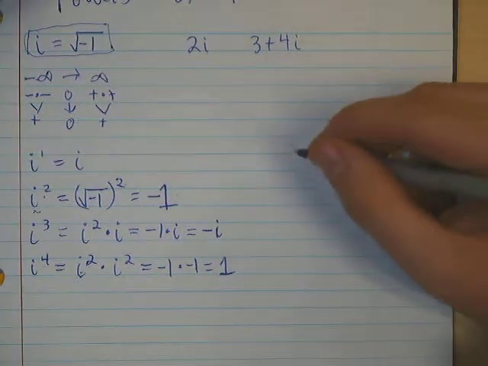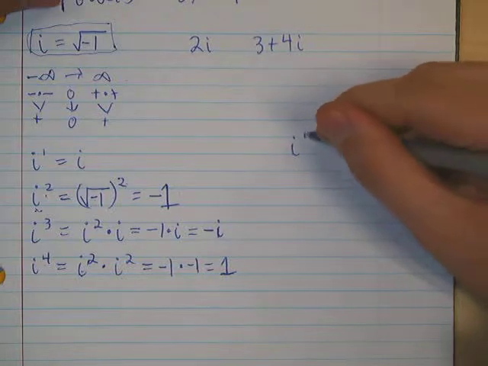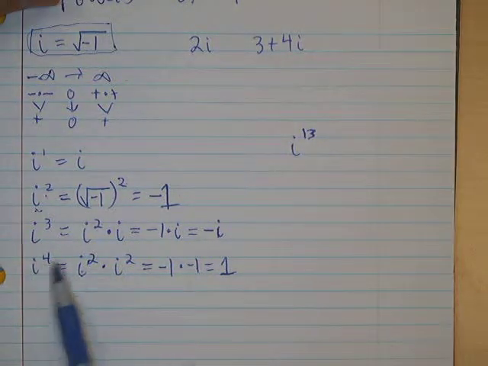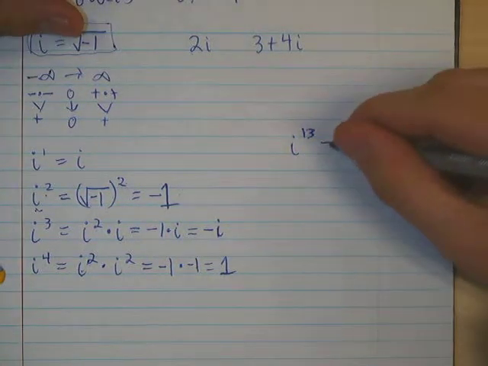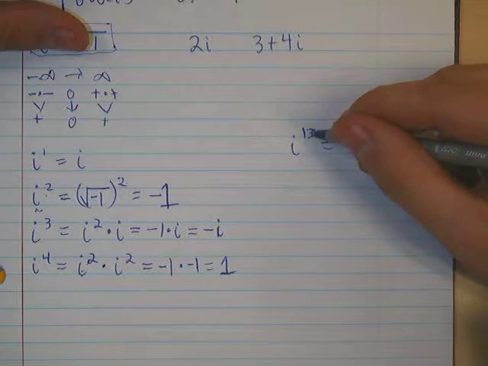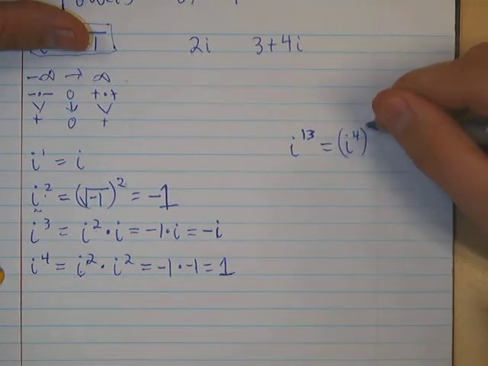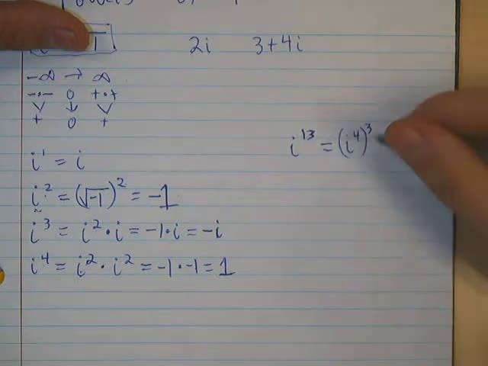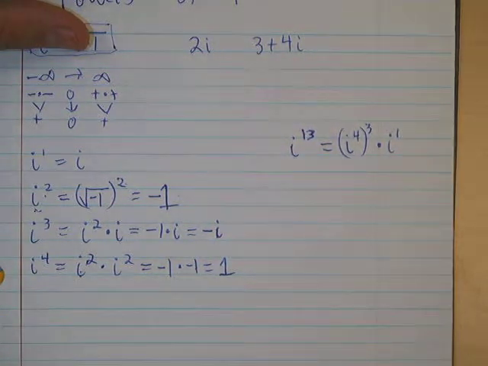We're going to use this fact and our exponent rules to rewrite all of the powers of i in relation to i to the fourth, or any power of i specifically. So I'm just going to take a general power. Why not i to the 13th? I want to rewrite that as i to the fourth somewhere in there. Well, if I had i to the fourth and then cubed it, I'd have i to the 12th.